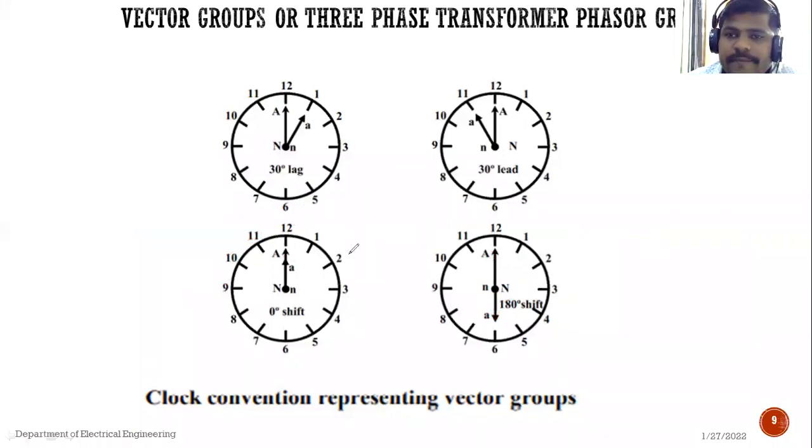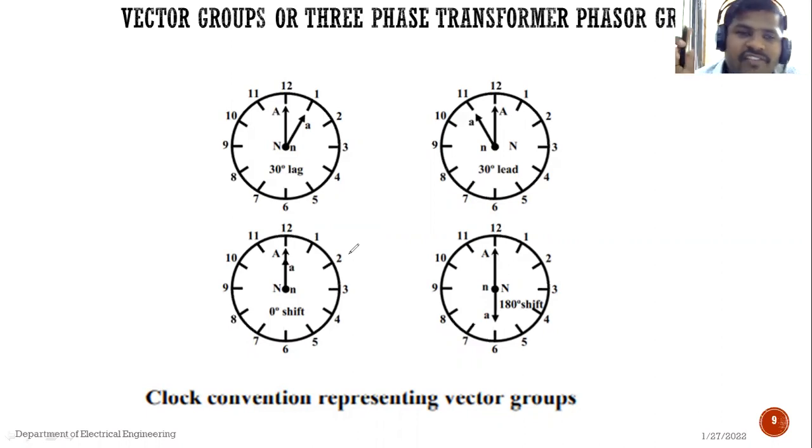आय वॉन्ट टू टेल अनदर 2. क्लॉक मेथड वरून 2 डिस्प्लेसमेंट लक्षात आल्या का तुमच्या? Yes, sir. Okay, now remaining 2, that means plus 30 degree phase shift and minus 30 degree phase shift.